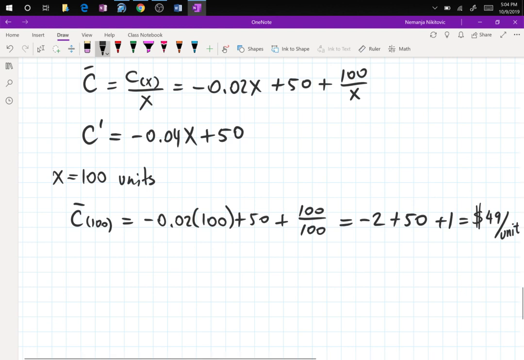So that's the cost of production of the first 100 items. I don't care if you're talking about markers or cars or flip-flops, whatever. To produce the first 100 units, it's going to be on average $49 per unit.